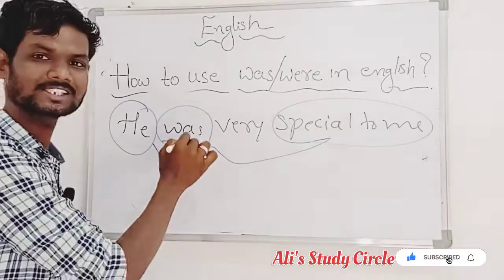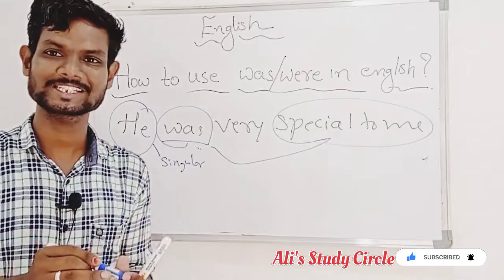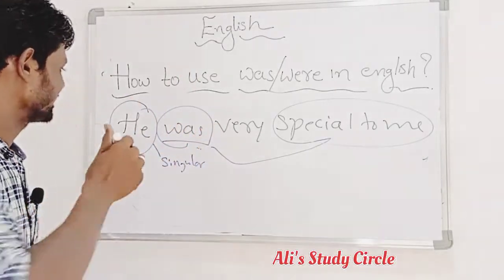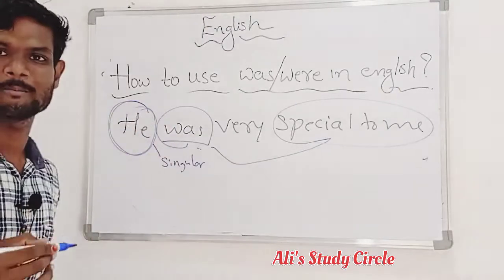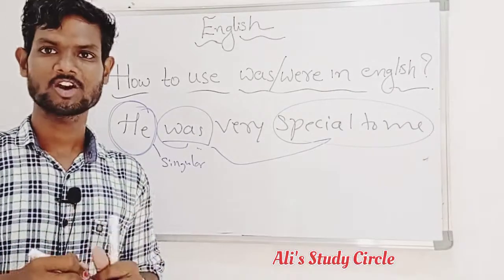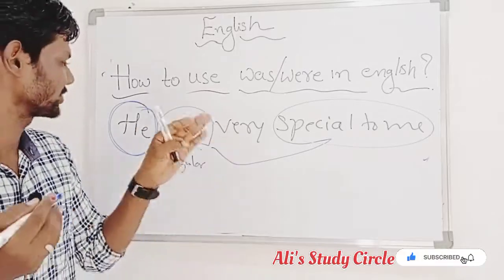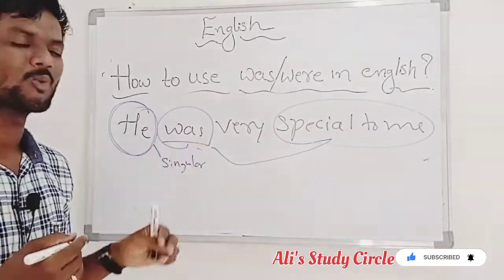Here was is working in the sentence by showing a past moment. And look here, it is the singular form. He, she, it, or you can take any name. These are the singular forms, so that's why we are using was here.